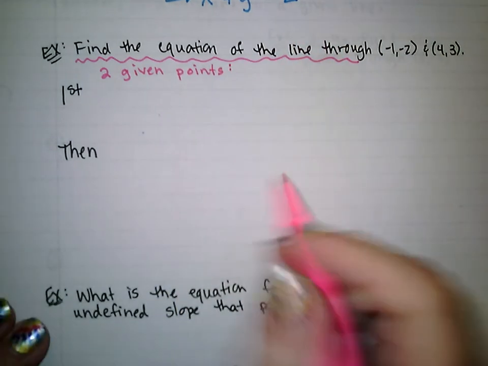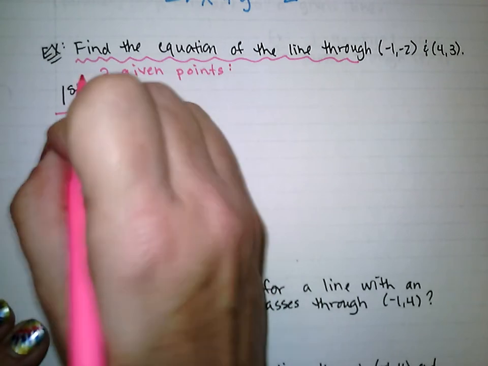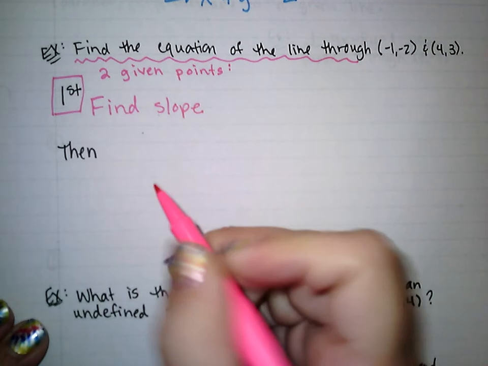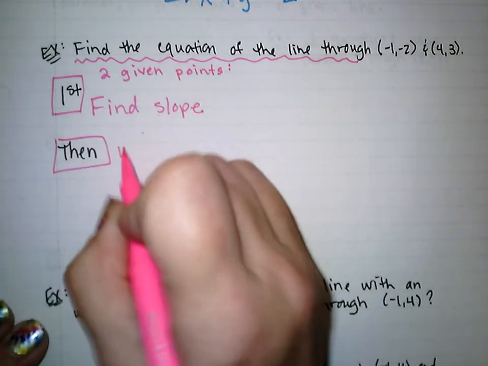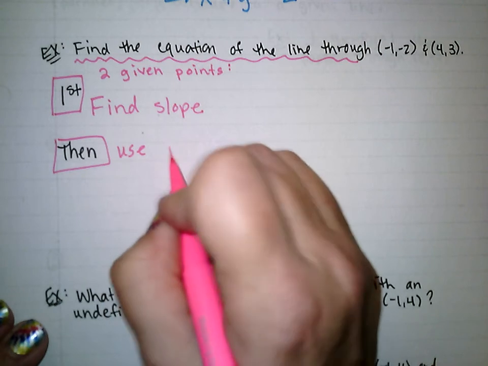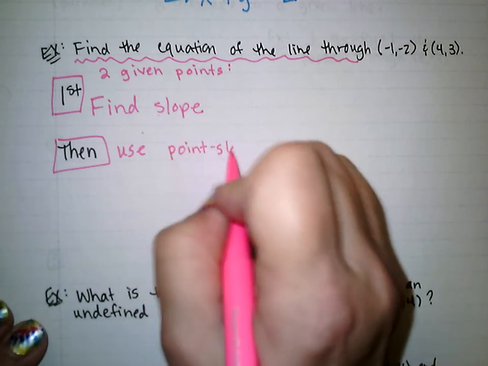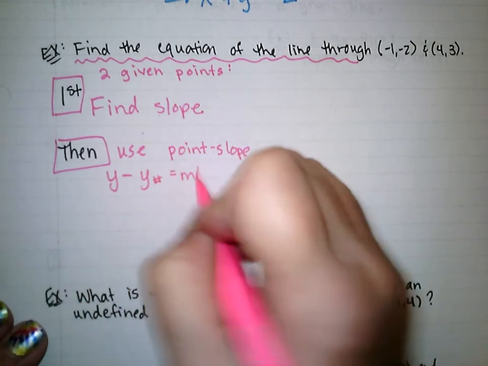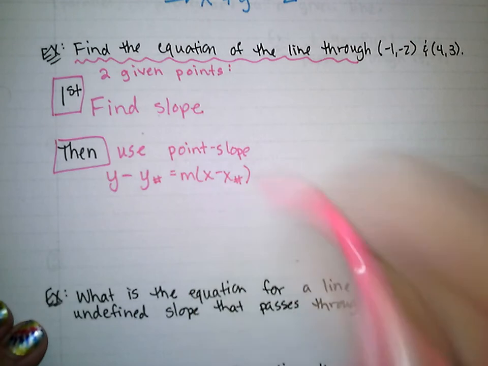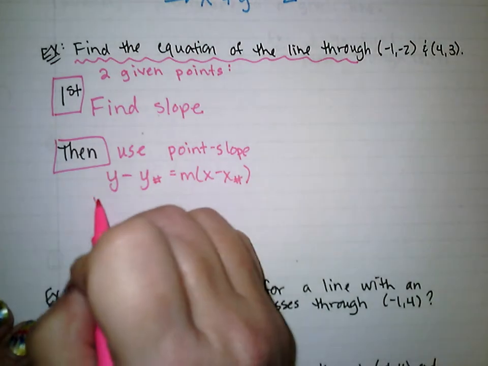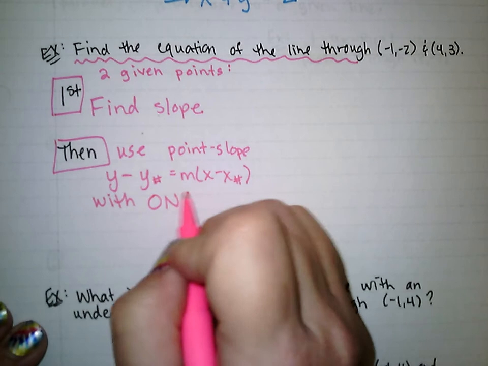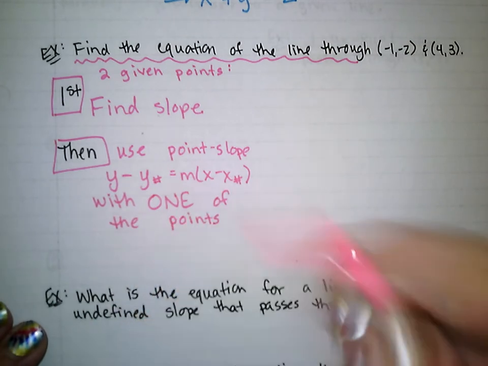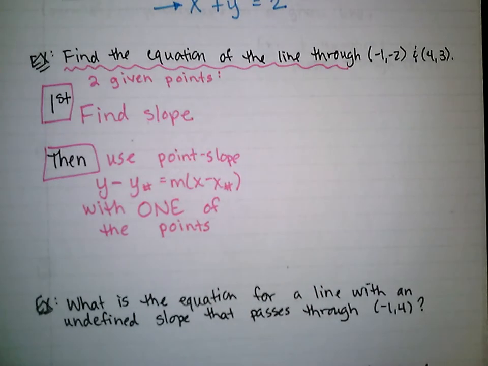So in this case, we are going to first find the slope and then use point slope form. Remember, point slope was y minus y number equals m times x minus x number. And when we do that, we're just going to choose one of the points. It doesn't matter which one you choose. Whichever one feels easiest for you is the way that I usually go.